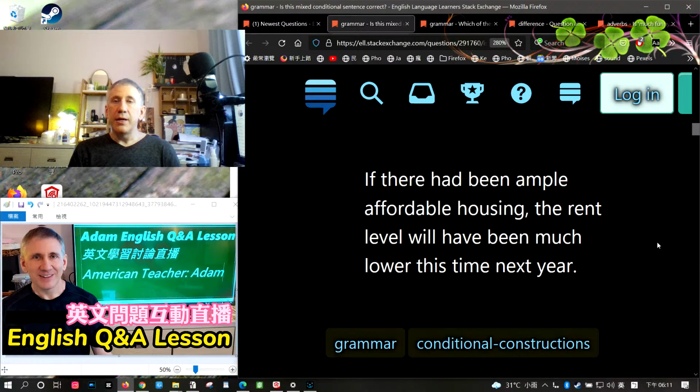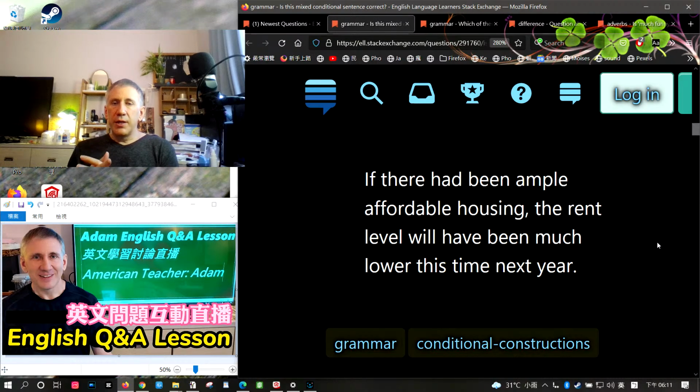It has an if clause and a main clause. The if clause introduces the condition that is necessary for the main clause to be true. And there are a few different types of conditionals. But in this case, this is a mixed conditional, but it is incorrect.